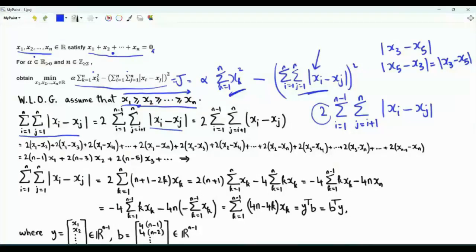Because of our ordering assumption, we know that xi is greater than or equal to xj. This absolute value can be written as xi minus xj. If the index i is equal to 1, we have n minus 1 terms: 2 times x1 minus x2, 2 times x1 minus x3, all the way to 2 times x1 minus xn. If i is equal to 2, then we have n minus 2 terms.